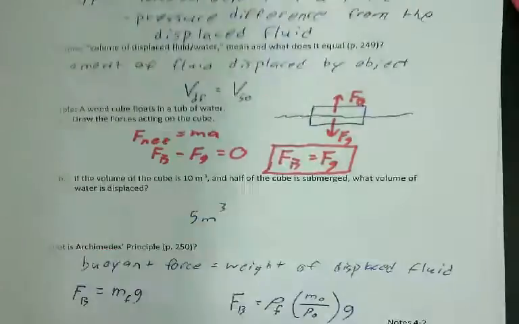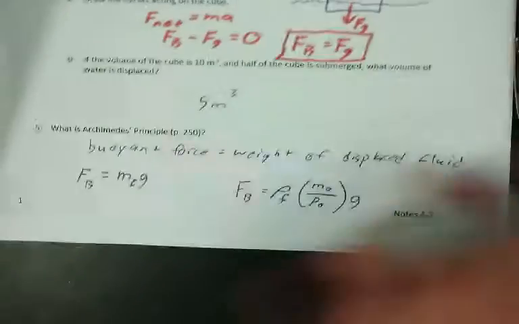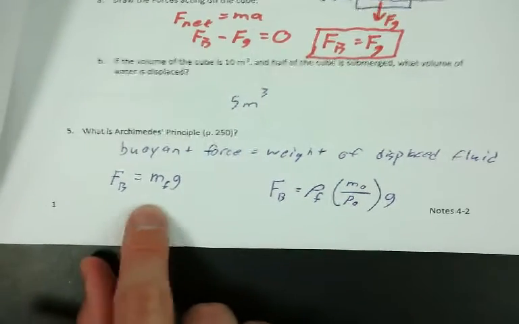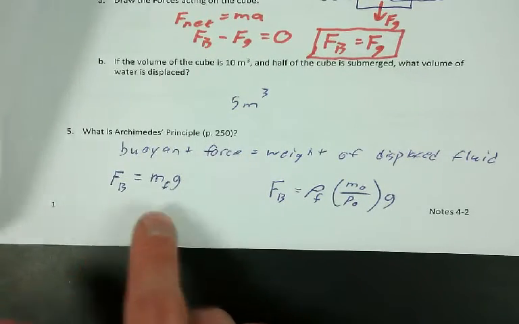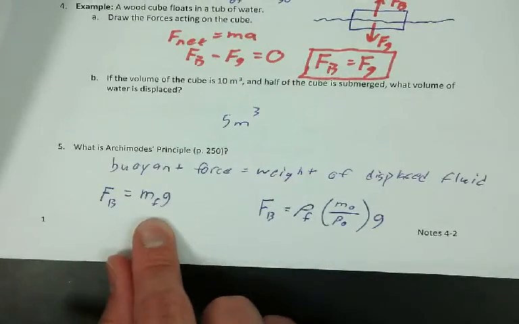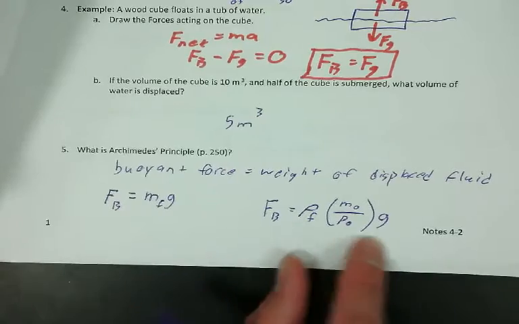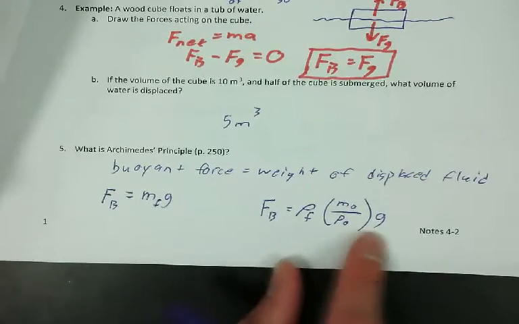So the equations we had for buoyant force were these. Mass of the fluid times gravity, so weight of the fluid. Well, I don't know the mass of the displaced fluid, because it's not the mass of the total fluid, it's the mass of the fluid that's pushed out of the way. I don't know what that is. But I do know how these things relate together with mass and density.